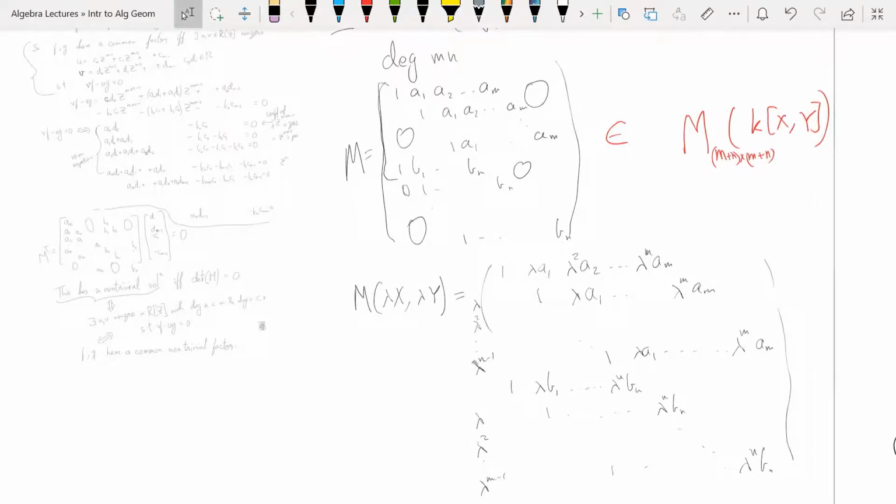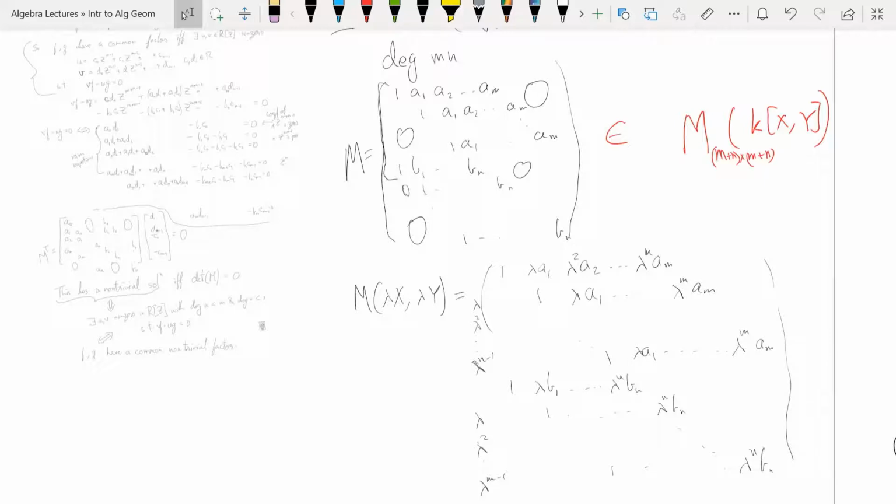I was telling you to factor out some factor of λ. We can't factor out λ from the first column, because the first row has 1, 1. In the second column we have λ in A1, constant here, and so on, then the rest is 0, then λ in B1, constant here.